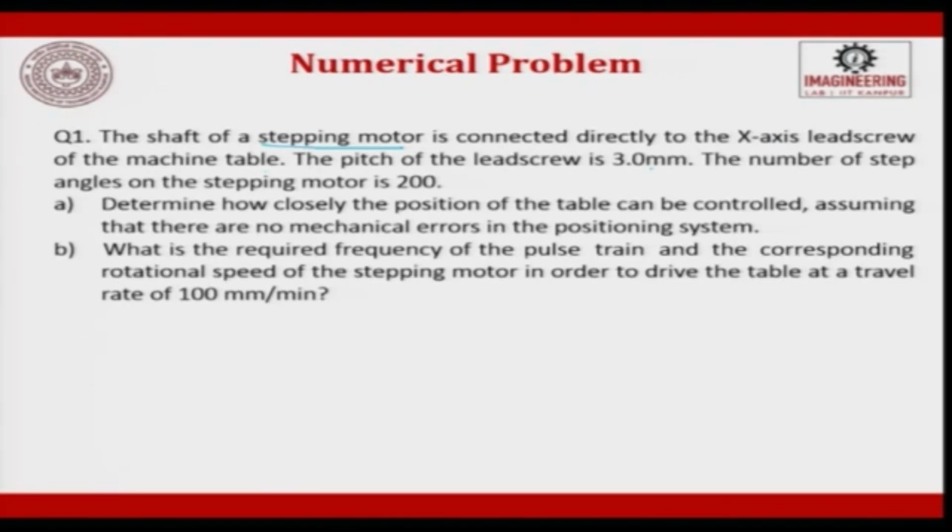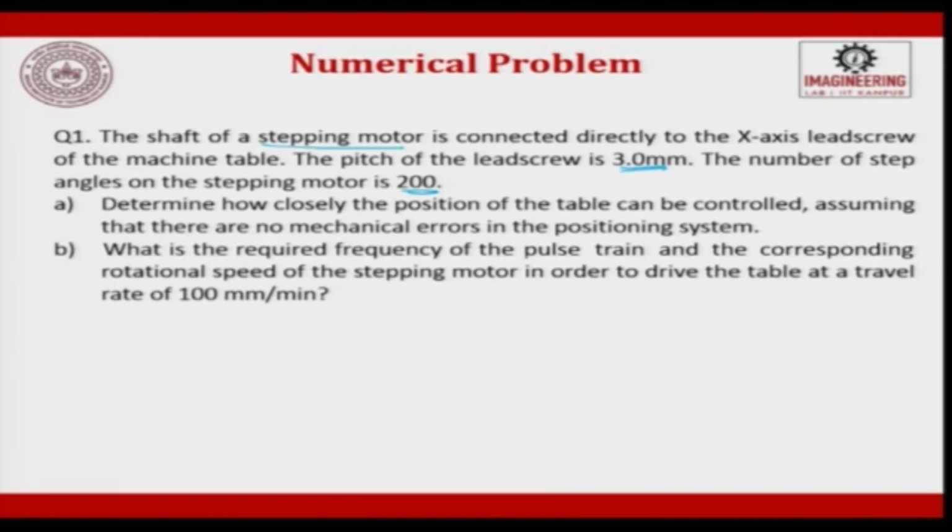The pitch of the lead screw is 3 millimeter. That means when I rotate the motor one time, my advancement will be 3 millimeter. The number of step angles on the stepping motor is 200. That means for one rotation you have to give 200 pulses to rotate 360 degrees. Problem number 1: determine how closely the position of the table can be controlled, assuming there are no mechanical errors in the positioning system.